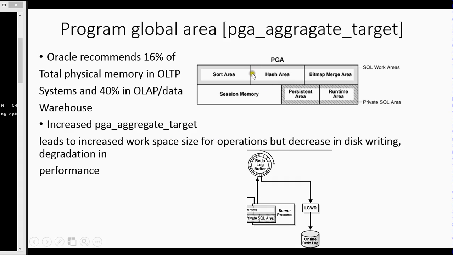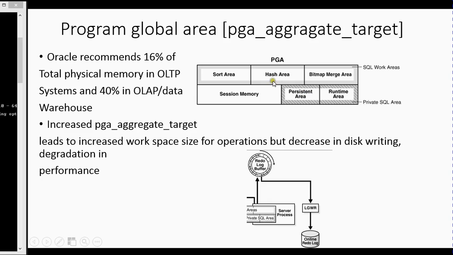Basically, if you look at this diagram, this is what's inside of the PGA. You have a sort area, hash area, bitmap merge area, all these different work areas, right? If this is inside of the server process, a lot of the operations that are taking place would actually take place inside of these work areas.